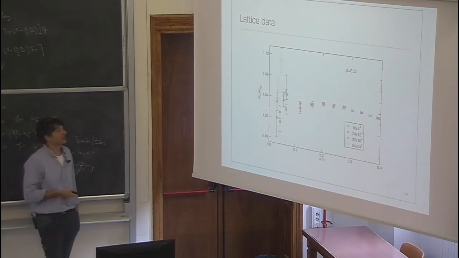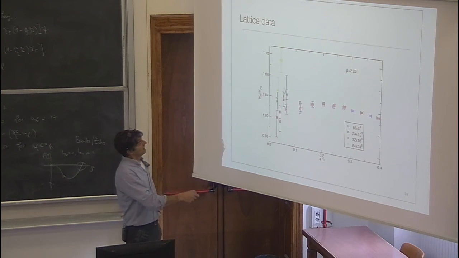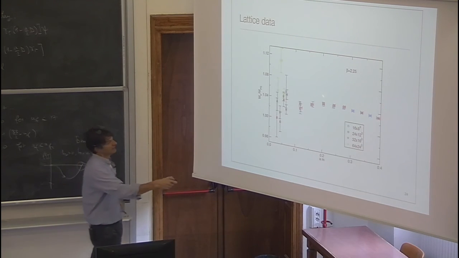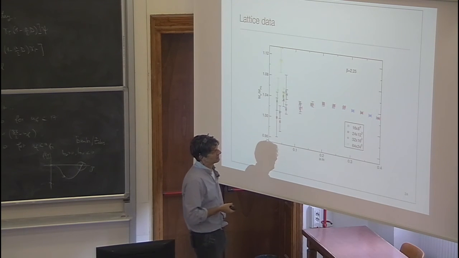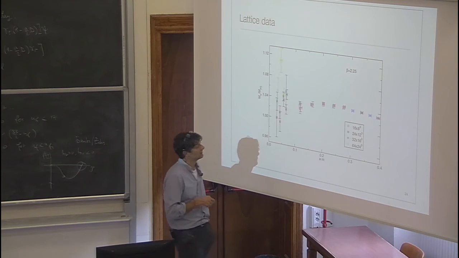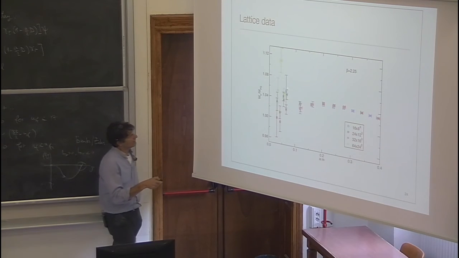For those of you who have ever done numerical simulations, and so this was the final result at that time. Different colors correspond to different lattice sizes, just to check for finite volume effects. I mean, let's not get into the details, but this is what we found.